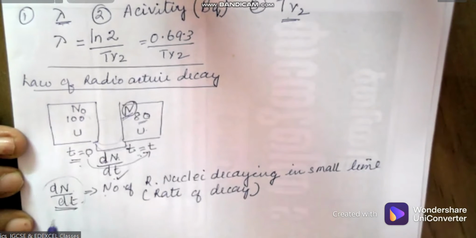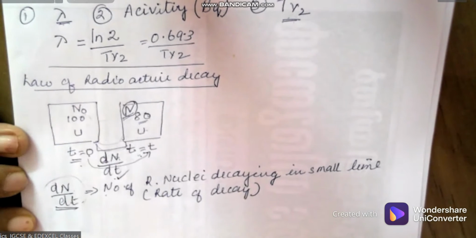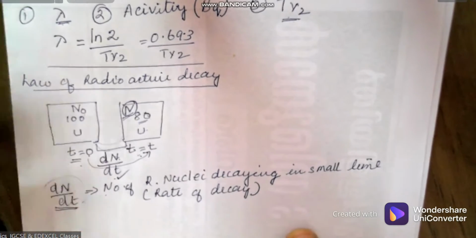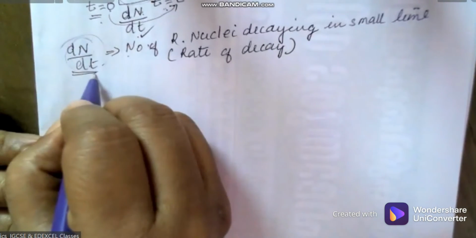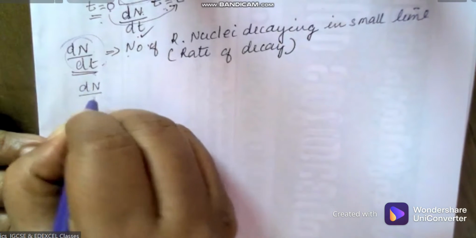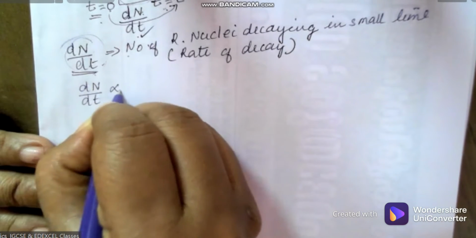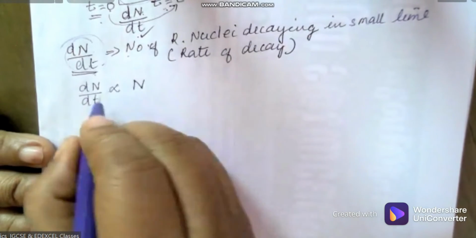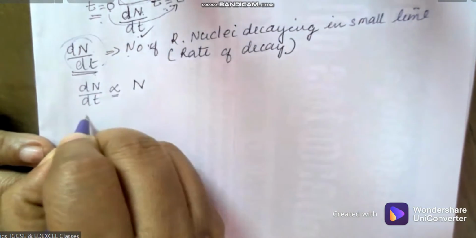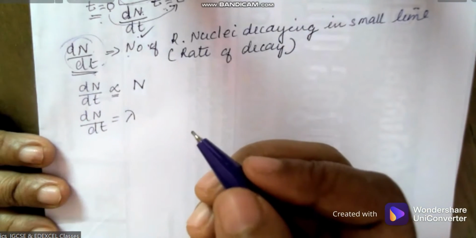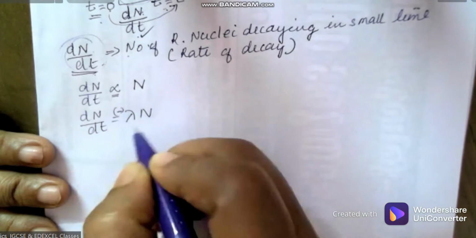So the law says that the rate of decay, dN by dt, is proportional to the number of atoms present at that time. Now this proportionality sign can be replaced by a constant, our decay constant lambda, times N. In fact, there is a negative sign here.